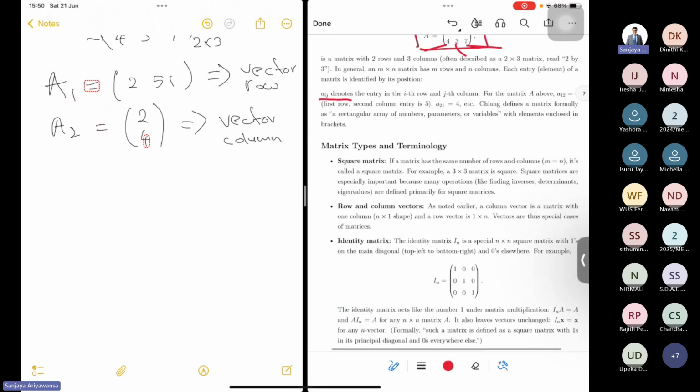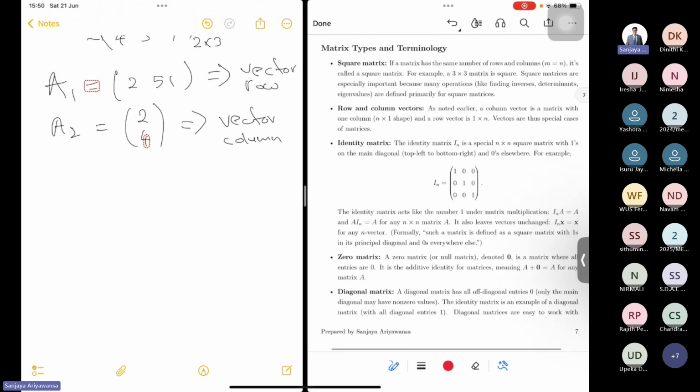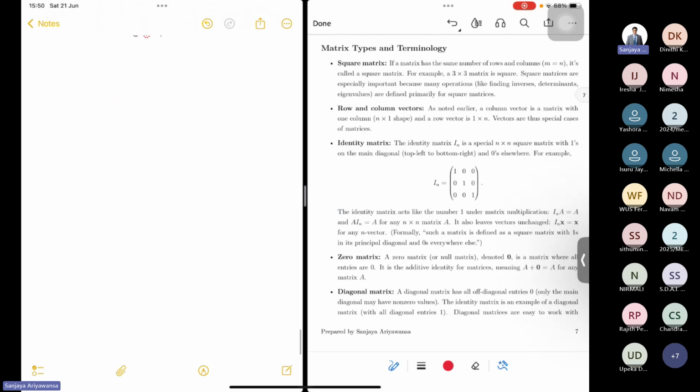Right. So now we are going to talk about types of matrices. There are different types of matrices. So one such matrix type is called a square matrix. In a square matrix, you have the same number of rows and columns.